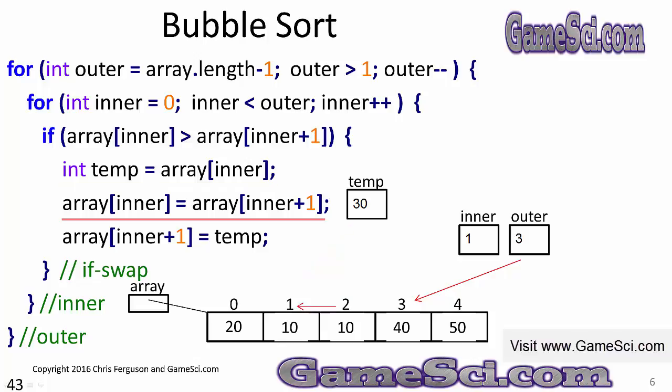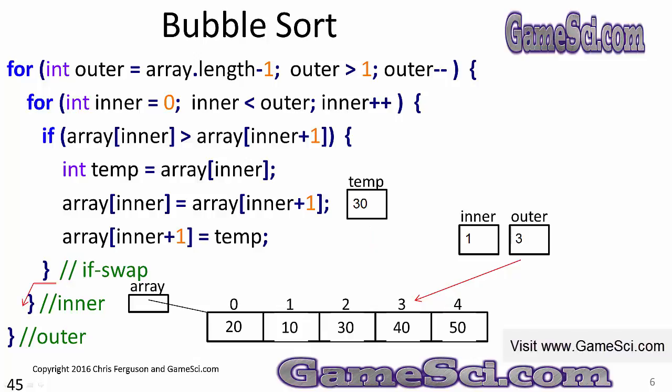Array sub inner plus 1 moves over to array sub inner, so the 10 slides over and wipes out the 30. But don't feel bad about the 30. It safely moves back from the temp variable to my array, and 10 and 30 just swap positions in the array. Are you starting to see the sort going on here? If you look closely at those last 3 numbers, they look like they're in order.